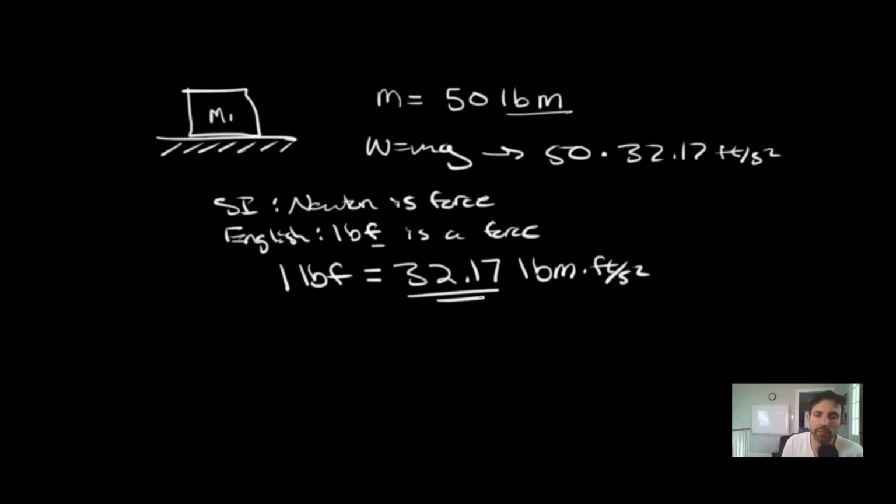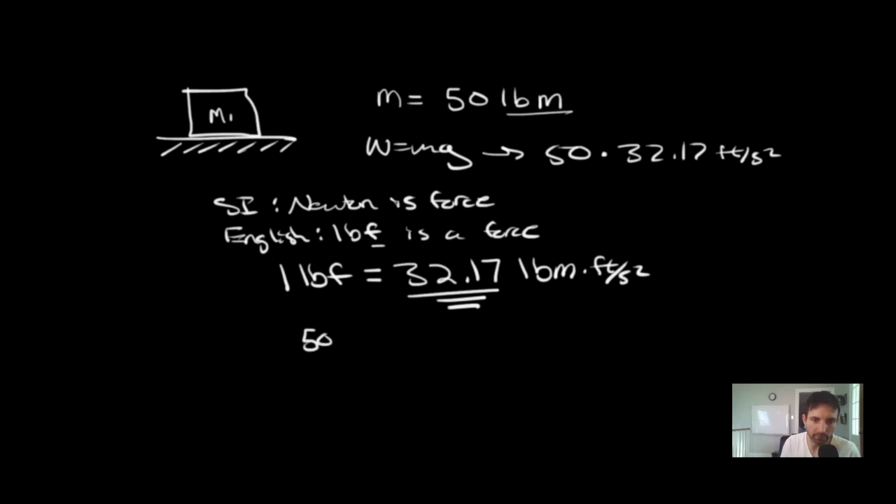This number here should look familiar, since that is also the value for gravity on the surface of the Earth. So what ends up happening, as an example, is if I say I want this 50-pound mass in terms of pound force, if your acceleration is gravity, then this happens.